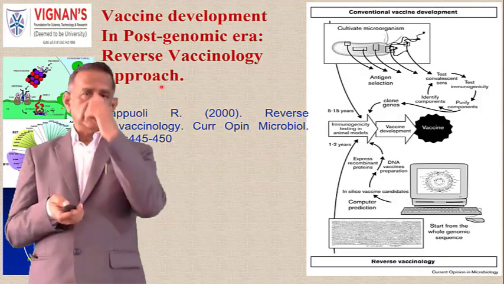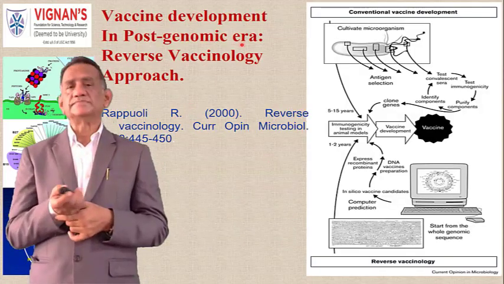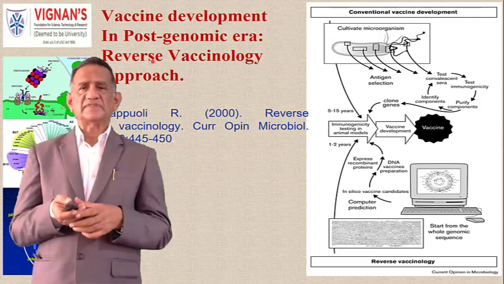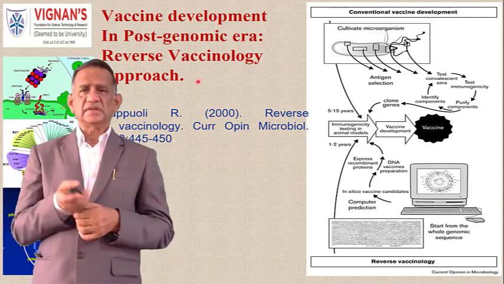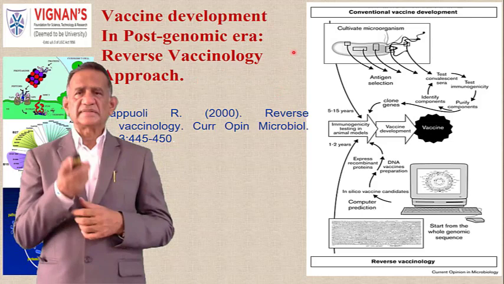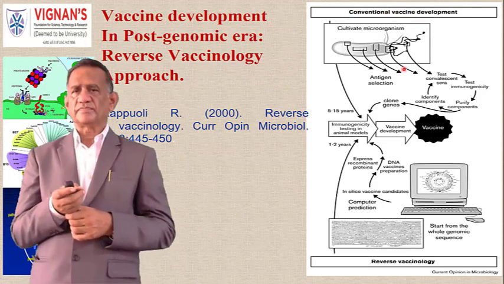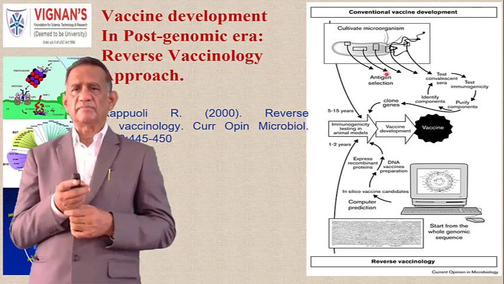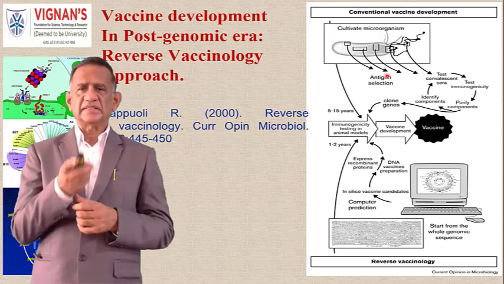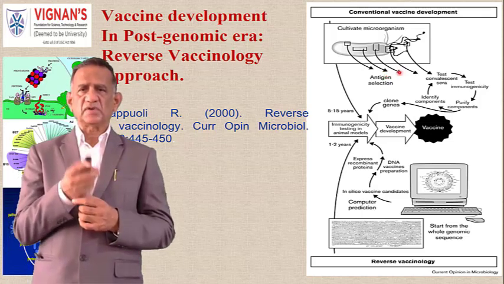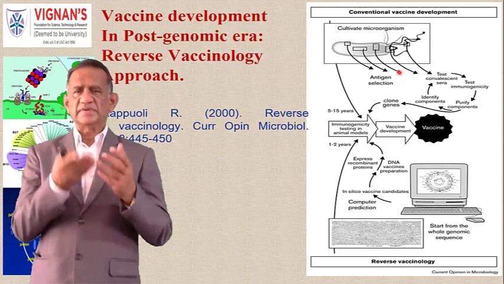So now, let us see vaccine development in the post-genomic era, that is reverse vaccinology. In the diagram you see, at the top it is shown conventional vaccine development. In that, the cultures of the microbe are shown. The microbe has several antigens.